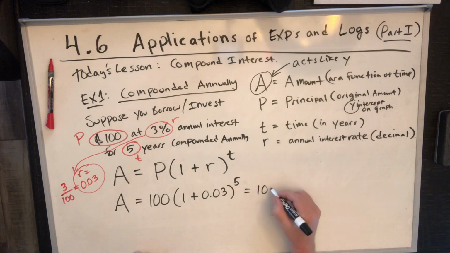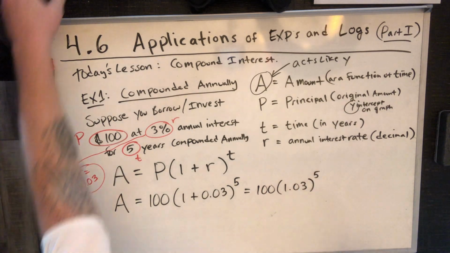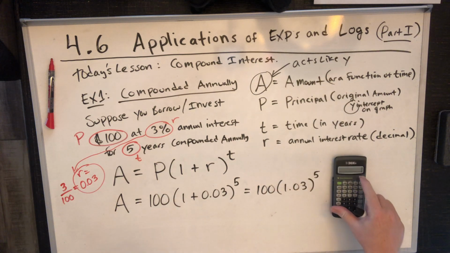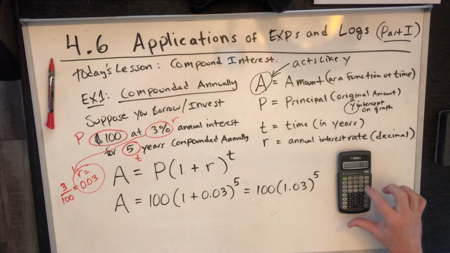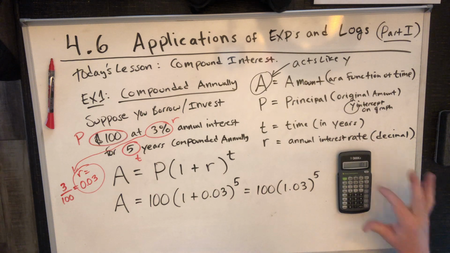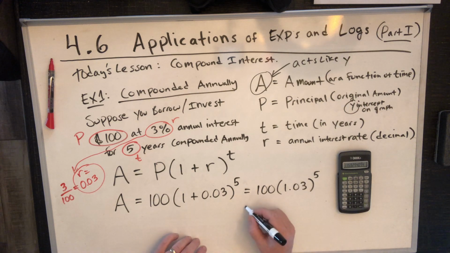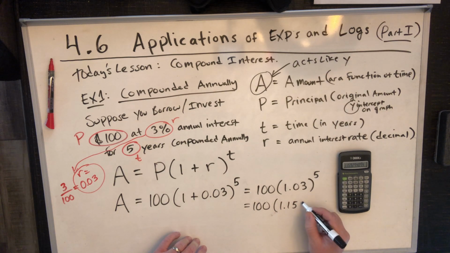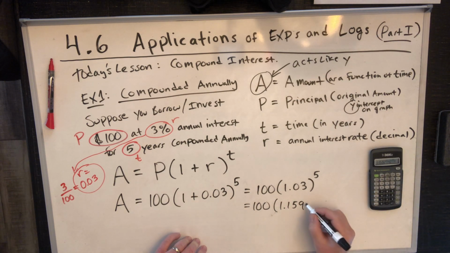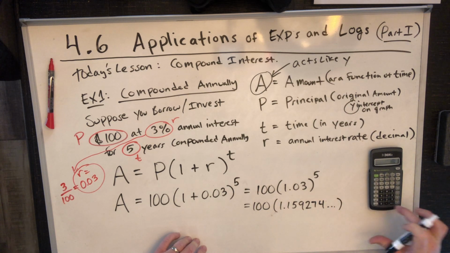So that is 100 times 1.03 to the 5th power. You're definitely going to be needing a calculator for many of these problems. So we got 1.03 raised to the fifth power. So that is 1.15924, etc., and then multiply that by 100.